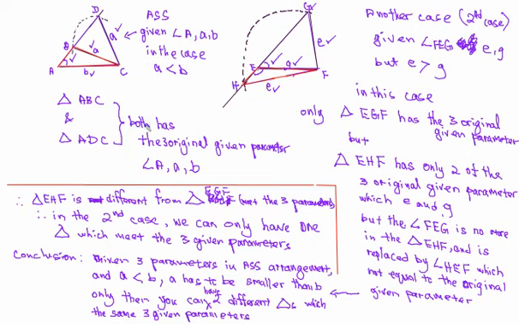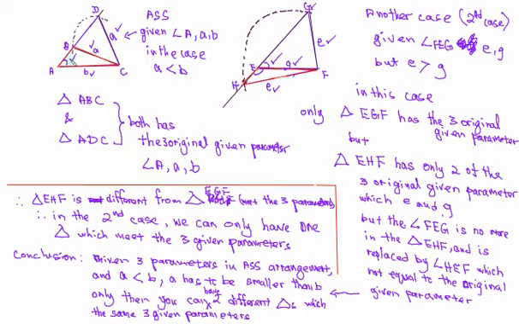So ASS doesn't automatically give you the ambiguous situation where you have two different triangles yet having the three given parameters. The other condition required for it to have two different triangles is A has to be smaller than B. You get it? So the length that is given, which is opposite the given angle, has to be smaller than the length that is next to the given angle.